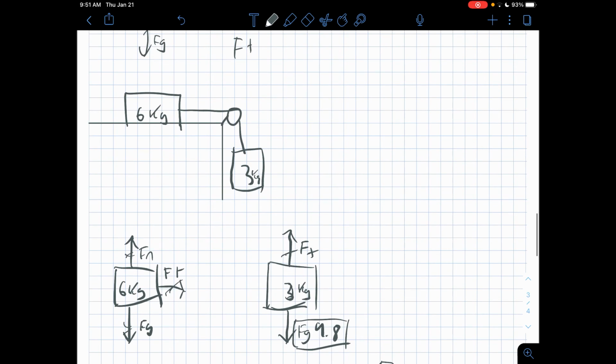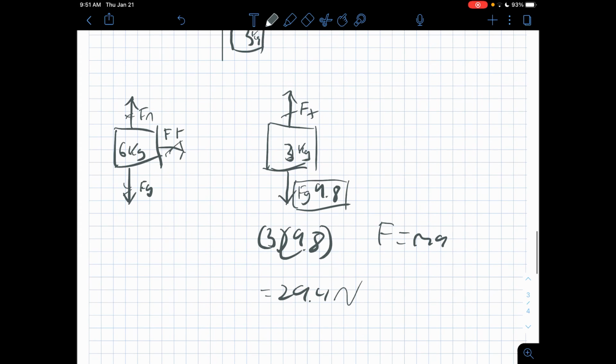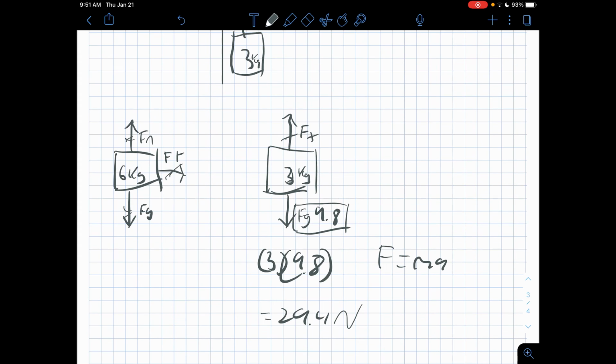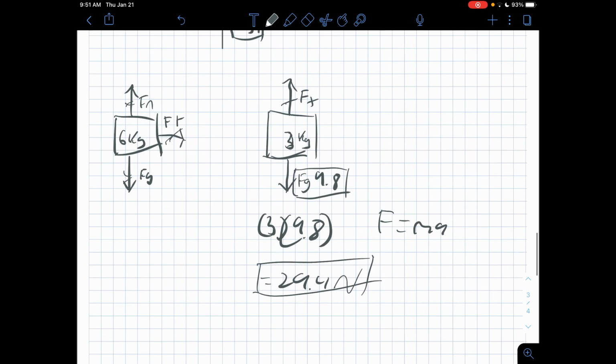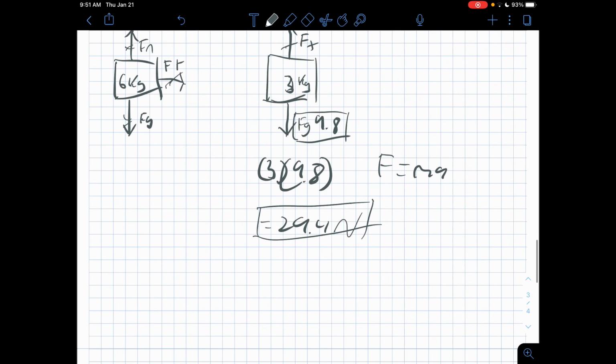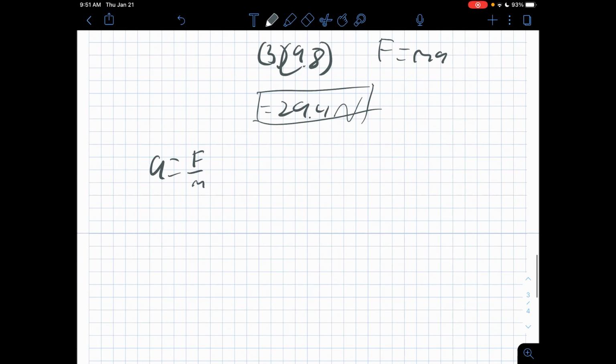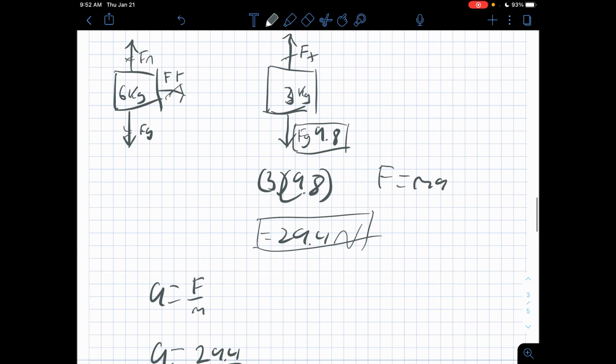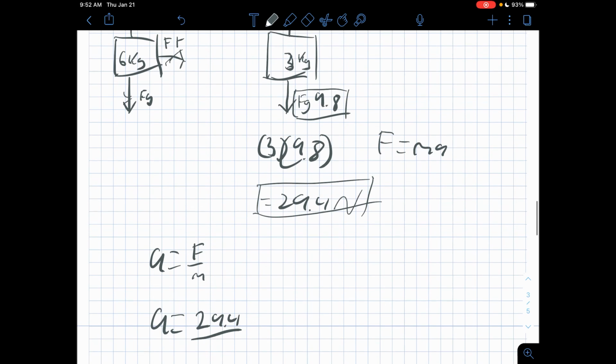So we want to calculate the acceleration of this system. Since we have the force here, the only force acting on the whole system, we want to use it on the mass of the whole system. To calculate the acceleration, we use the same thing we did before: A equals F over M. A equals 29.4 over M of the whole system, so you can write M sys.